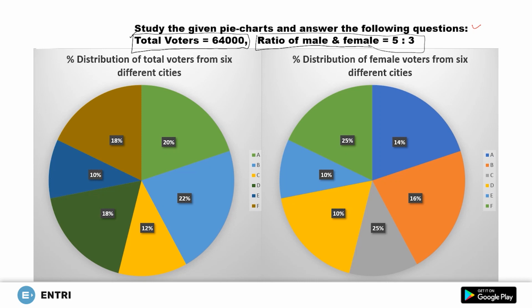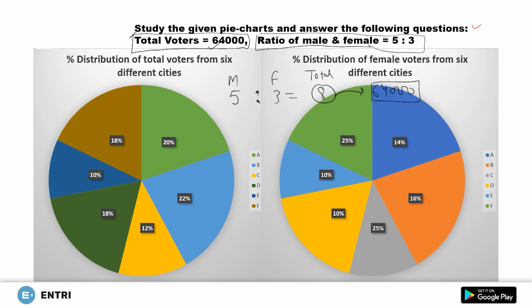So can you say, if male is 5 and female is 3, what will be the total according to this ratio? You will say the total will be 8. But according to the question, this 8 equals 64,000. This is given here.